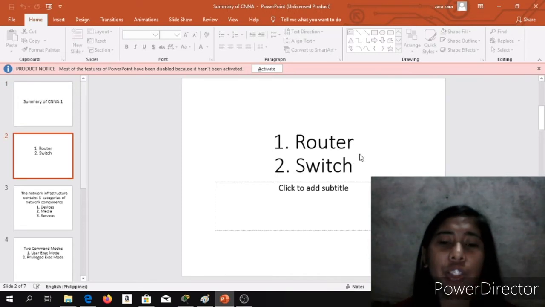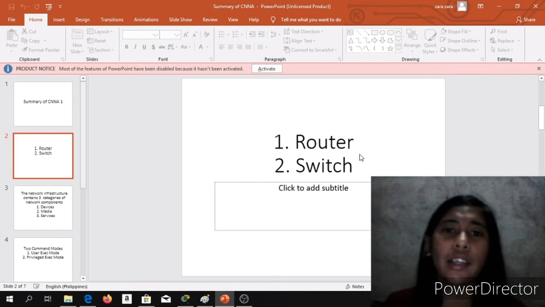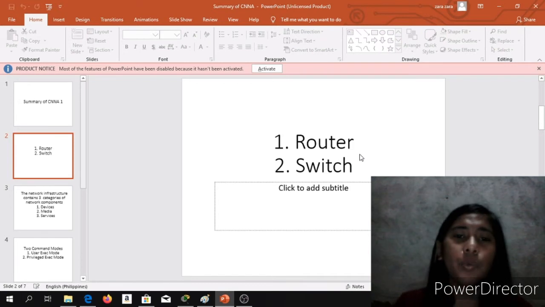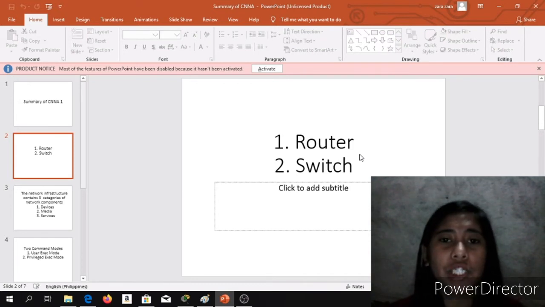The router and the switch. When we are talking about computer components, the device used to connect a LAN with an internet connection is what we call a router. For example, if a person uses a router, it means he or she has two distinct networks, which are LANs, or wants to share a single internet connection with multiple computers.